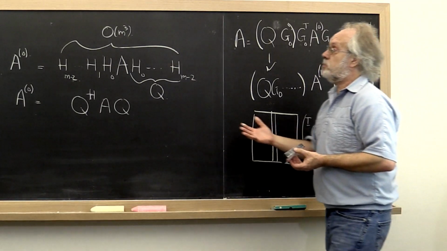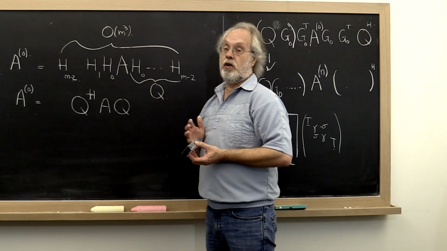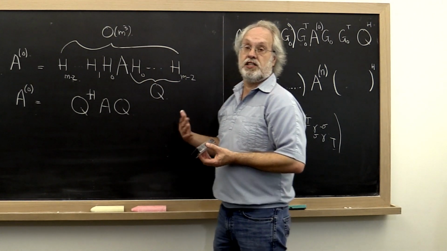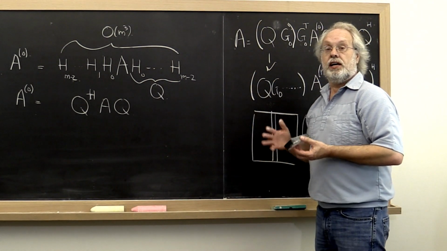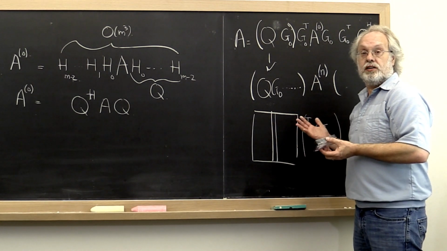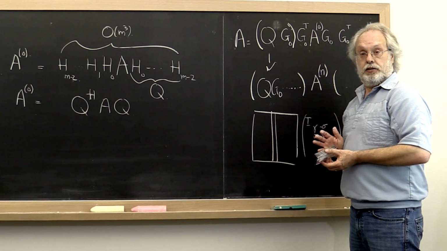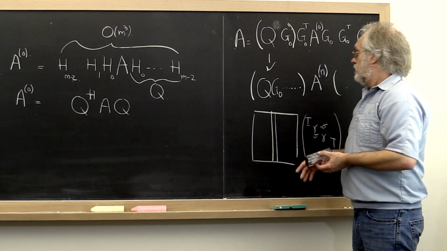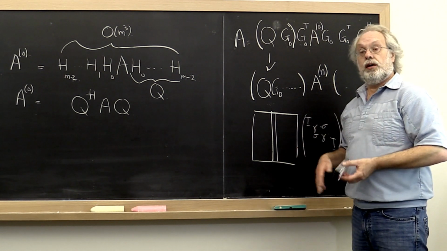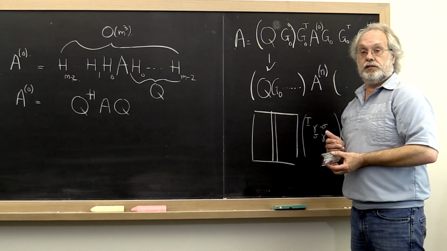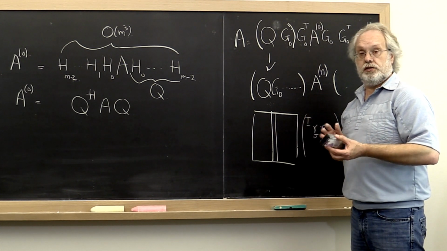So now what we have is a pre-process that costs order m cubed computation to make the matrix into a tridiagonal matrix, and then we have an order m cubed process that takes the tridiagonal matrix and makes it into a diagonal matrix. In the process, you compute all of the eigenvalues and you compute all of the eigenvectors, or approximations thereof, I should say.